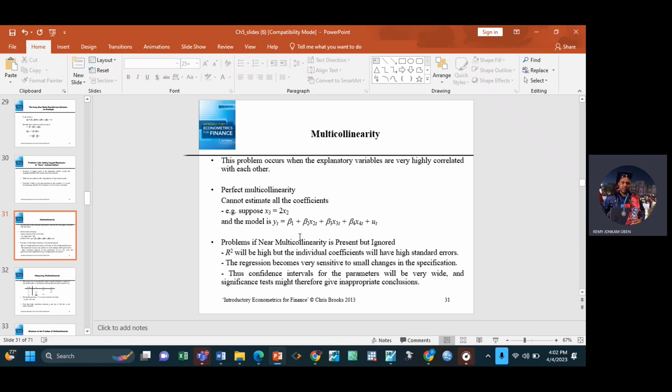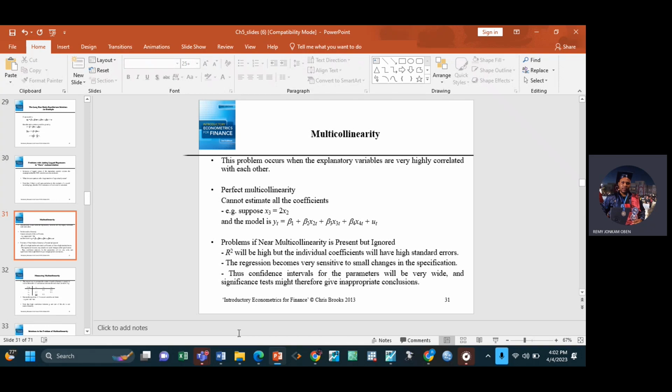For instance, let's say you're trying to investigate what determines my expenditure, and you're trying to use variables like my income and my wealth. Income and wealth are almost the same variables, so most probably you will find multicollinearity, that these variables are related to each other. So if you are using regressors which are very similar in meaning, most probably you might have multicollinearity.